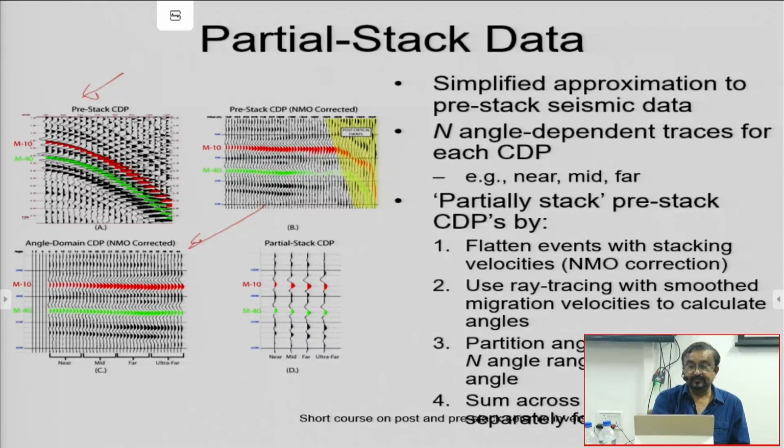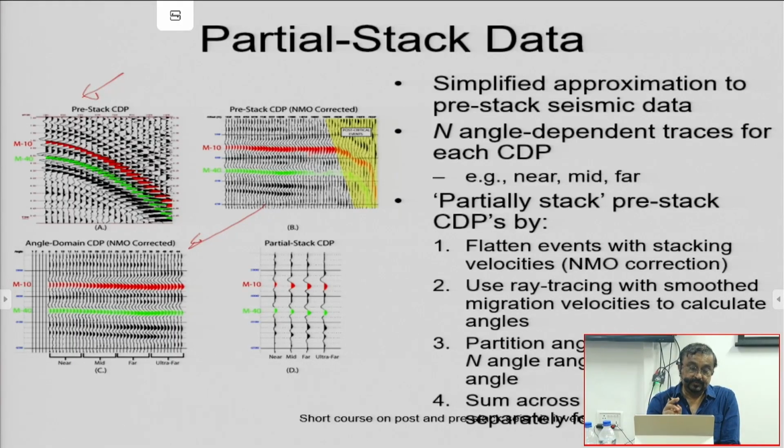For example, in the CMP we have traces like this, going to different angles, so you gather those up and make sure that each trace corresponds to one angle. Now we have a whole bunch of these angle traces.